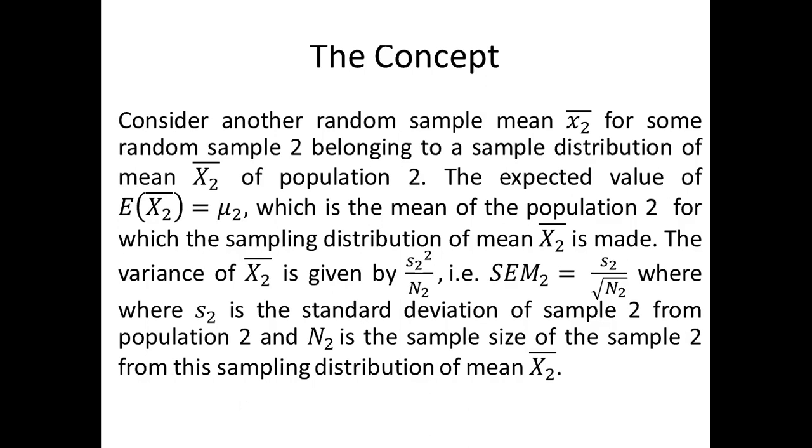The variance of this second sampling distribution of the mean is given by s2 square upon n2. That is, the standard error of the mean, SEM2, is S2 upon root n2, where S2 is the standard deviation of sample 2 from population 2 and n2 is the sample size of sample 2 from this sampling distribution of mean x2 bar.